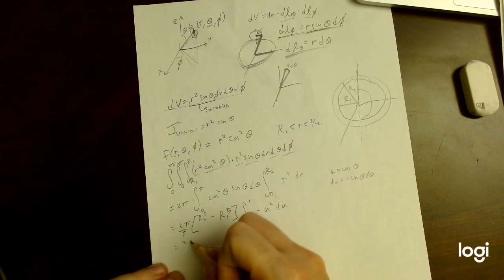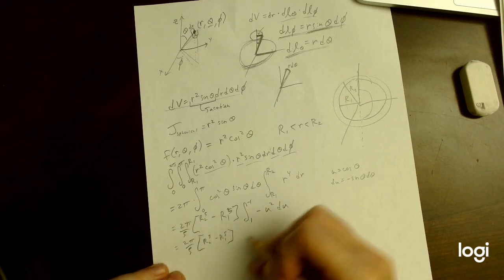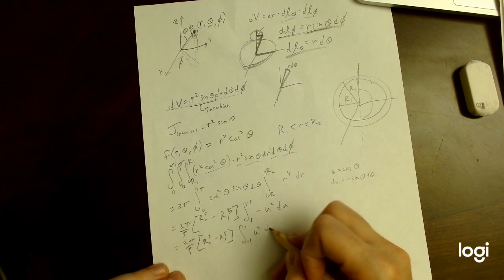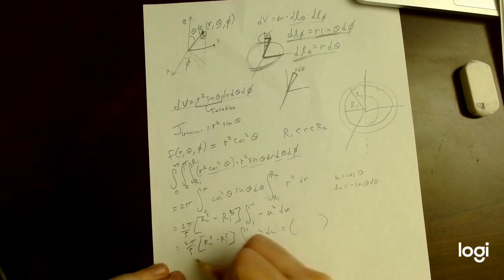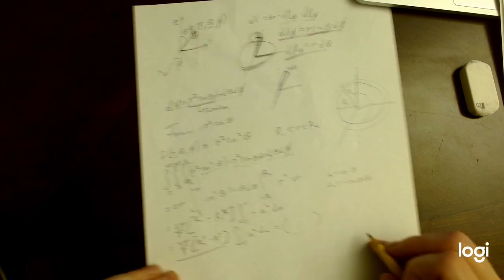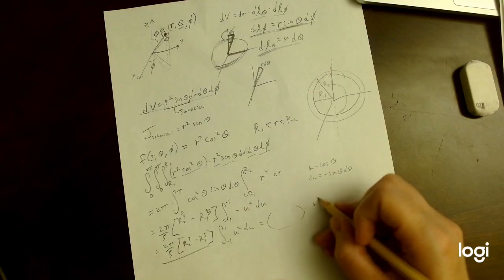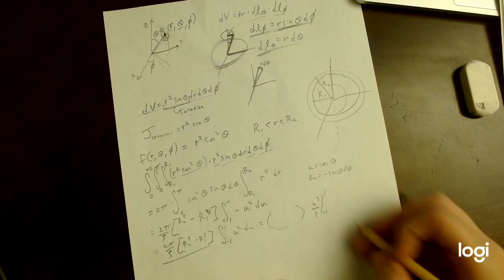I'll say 2 pi over 5 times r2 to the 5th minus r1 to the 5th. And this is now an integral from minus 1 to 1 of u squared du, which I'll just put in here so I don't have to write it again. And this integral would become u to the 3rd power over 3 evaluated from minus 1 to 1.